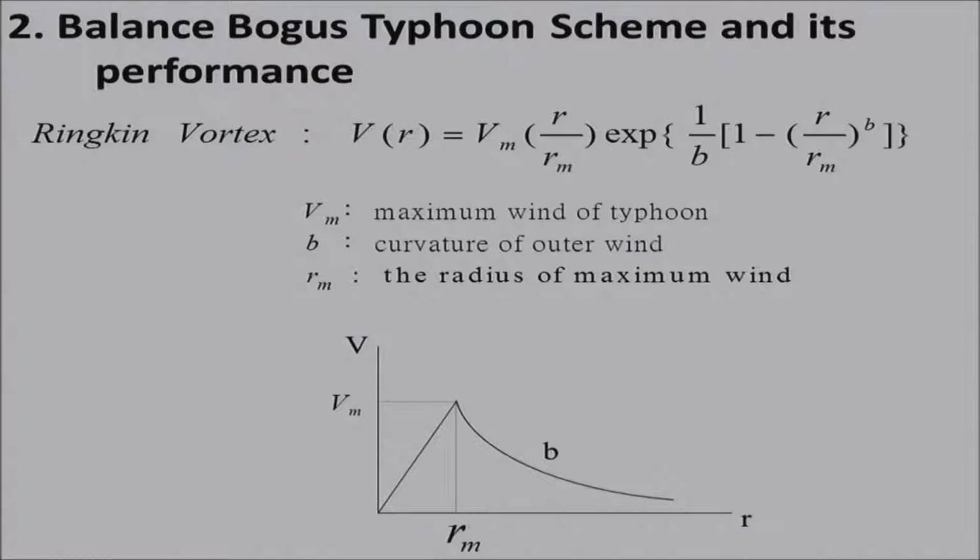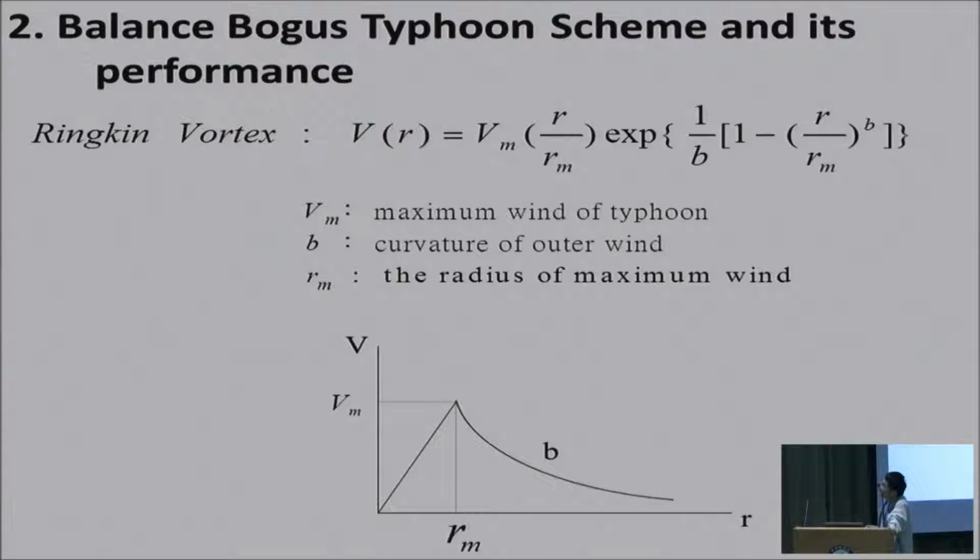Okay, next I am going to talk about how we do the bogus typhoon. This scheme is the so-called balanced bogus typhoon scheme. This is the Rankine vortex formula we use. There are three parameters: the maximum wind, the curvature of the outer wind, and the radius of the maximum wind.